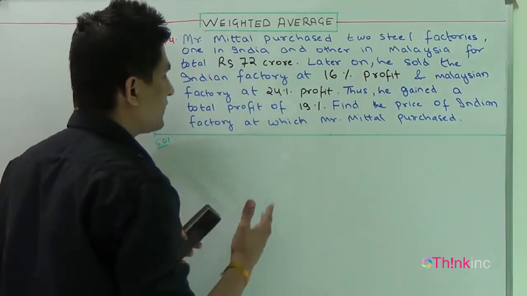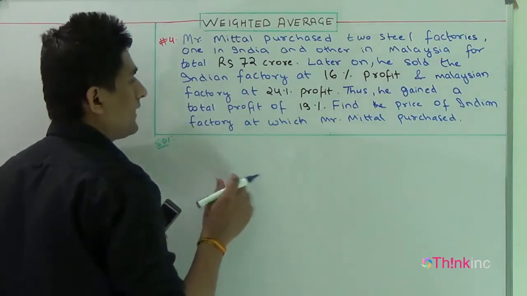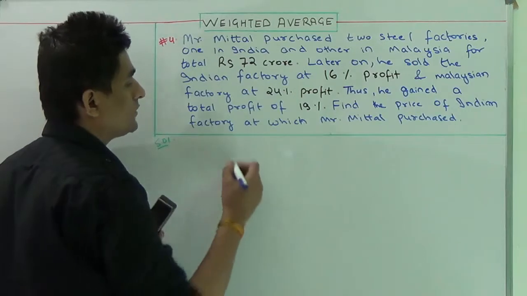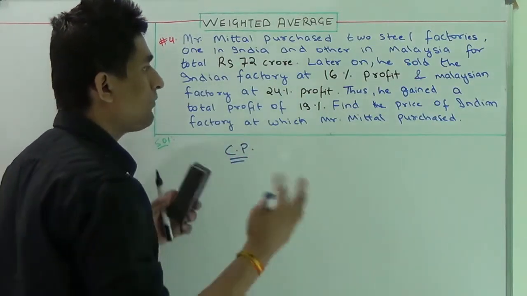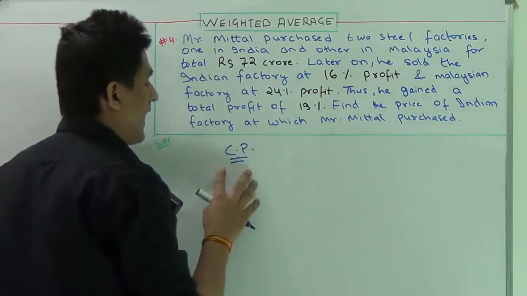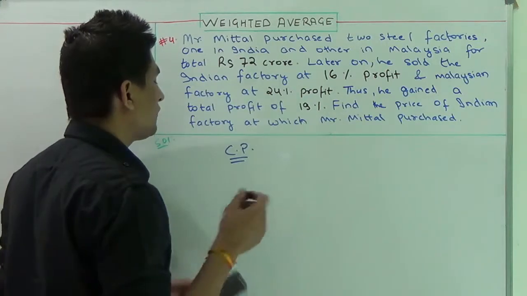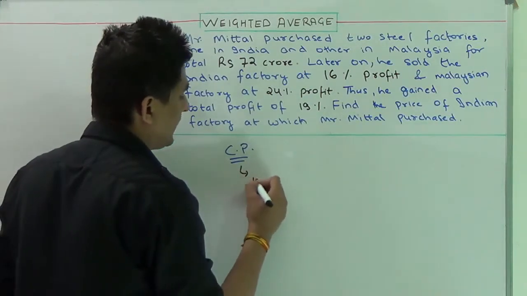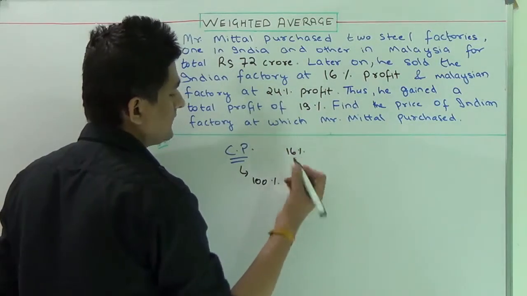But before solving this question by allegation, I'd like to tell one thing, that profit is always calculated on CP, that is cost price. Cost price is the price at which we have purchased something, okay? And profit is always calculated on cost price. Suppose the price of the product we purchase is 100, and we get 16% profit in that.